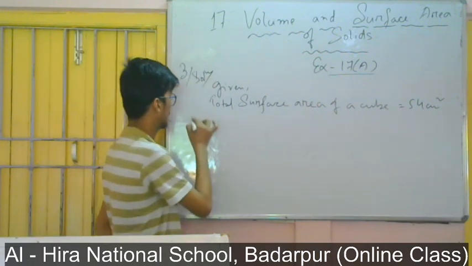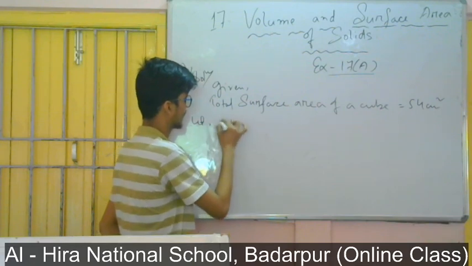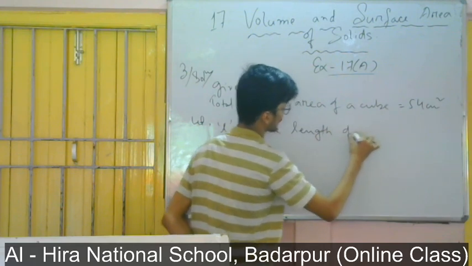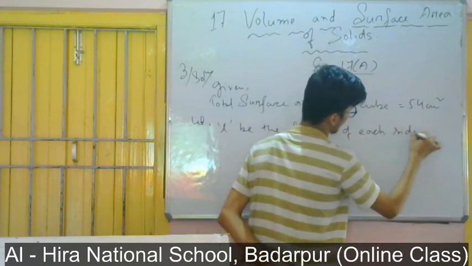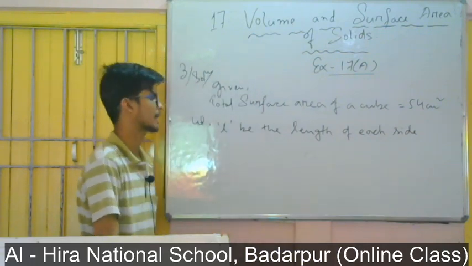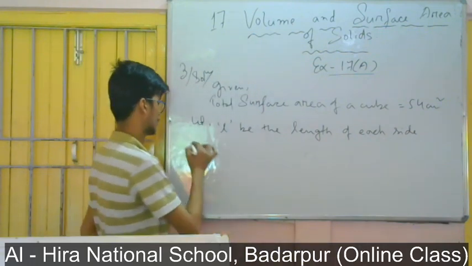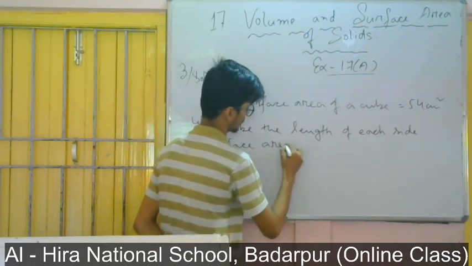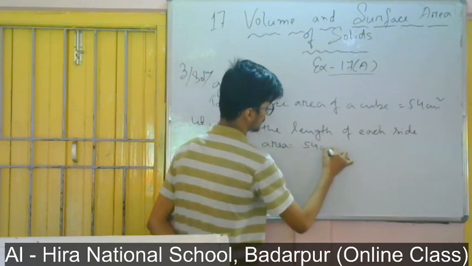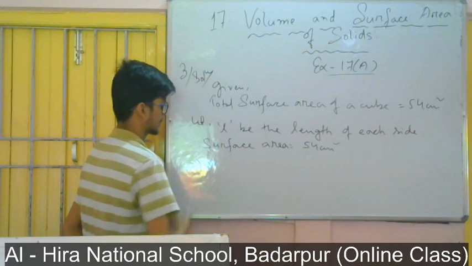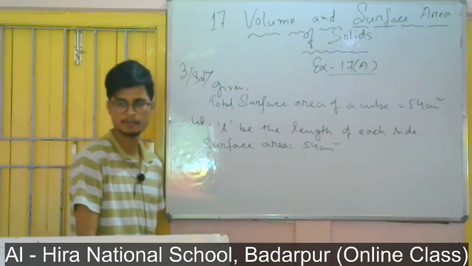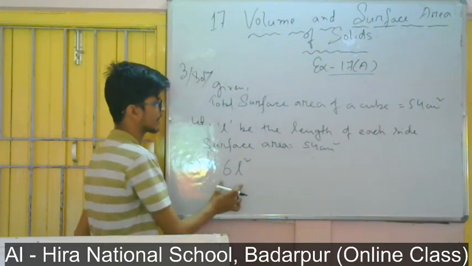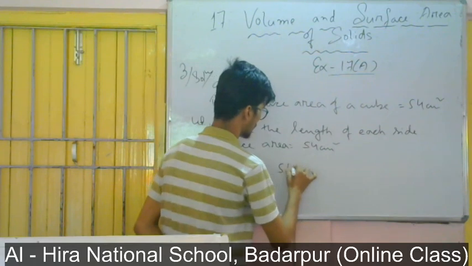So you write, let L be the length of each side. Since it is given that the surface area equals 54 cm square, and we know the formula for the surface area of a cube is 6L square, in place of surface area I will write 6L square, and the value given here is 54.